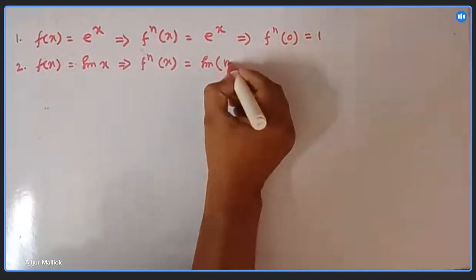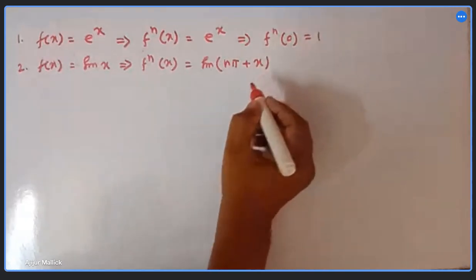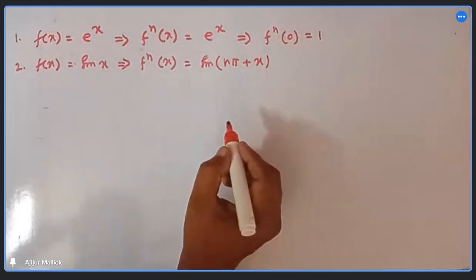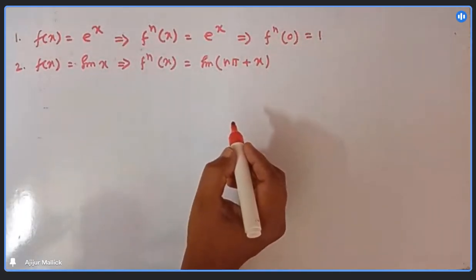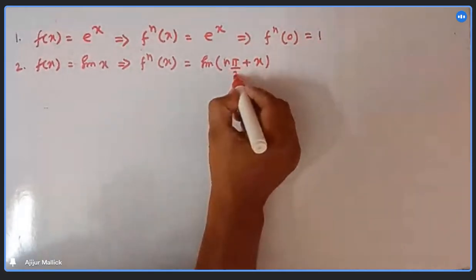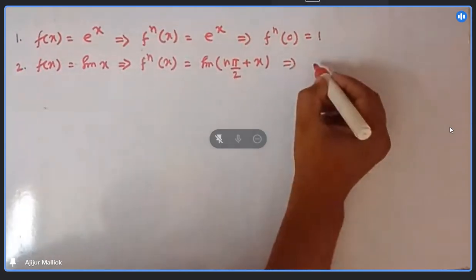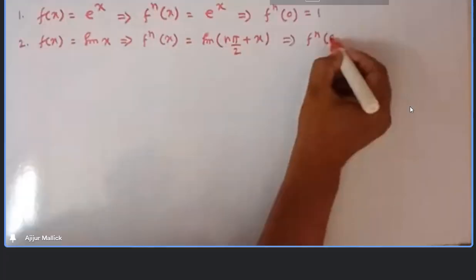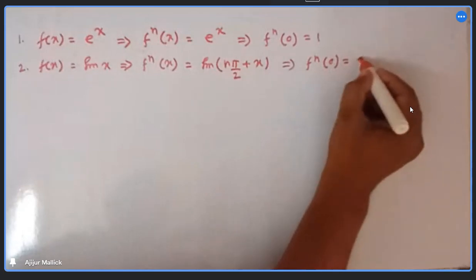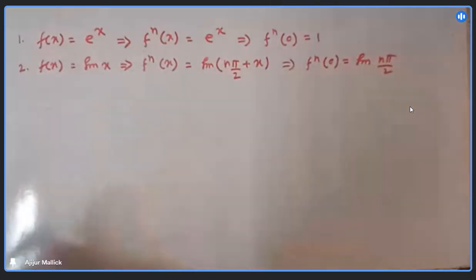I think this will become sin(n pi plus x). Is it right, what I have written? Sin of n pi by 2 plus x, sorry. So this implies f^n(0) is equal to sin(n pi by 2).